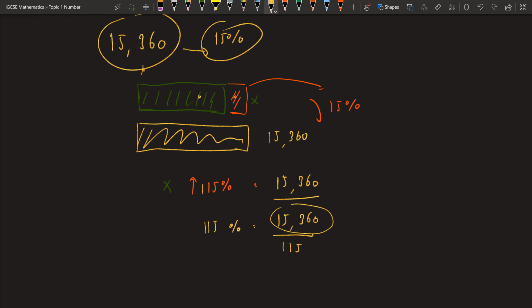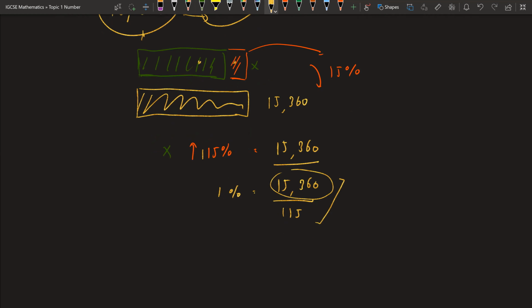So 15,360 divided by 115 would equal 1%, right? Then we could times it by 15. So 15% is equal to 15,360 divided by 115 and times by 15.